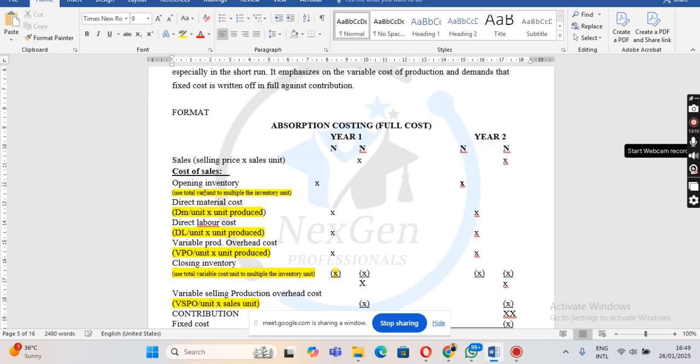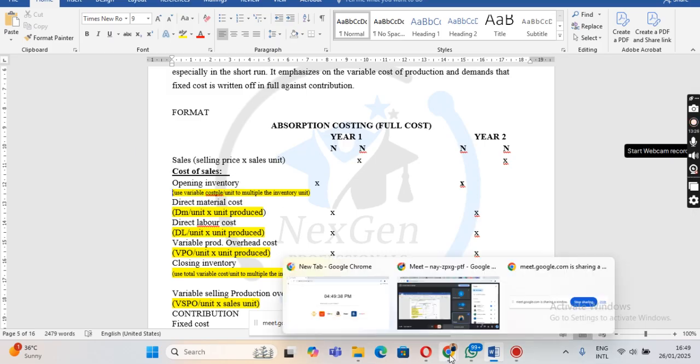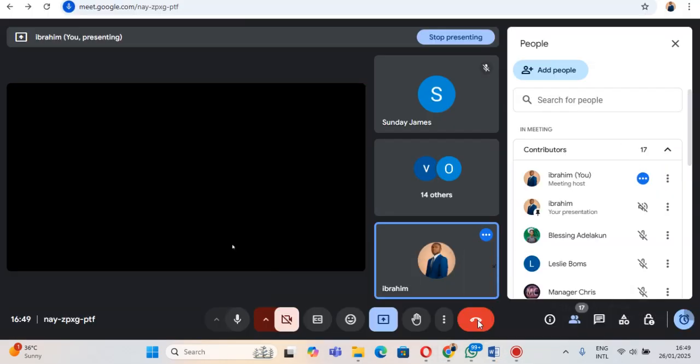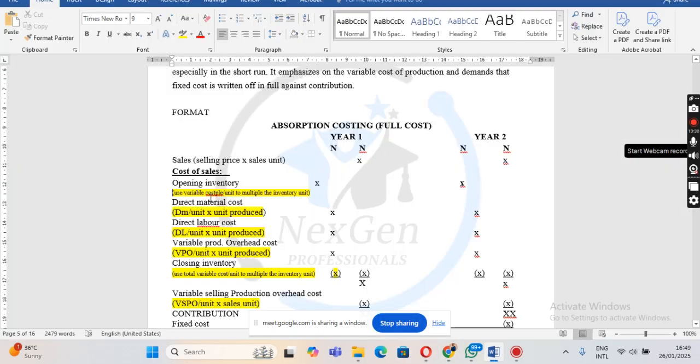Use the variable costs plus fixed costs per unit, right?